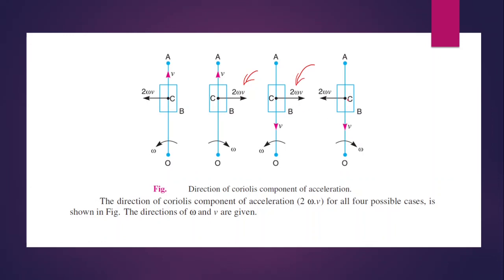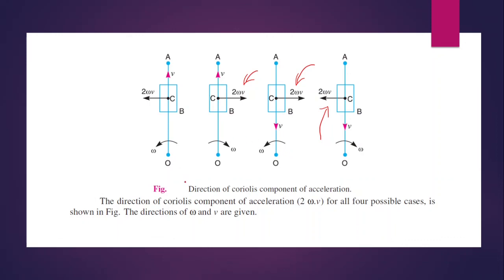Finally, when omega is clockwise and v is radially inward, towards O, the Coriolis component will be in this particular direction. These are the directions of the Coriolis component of acceleration.